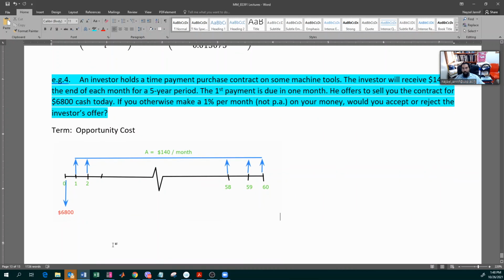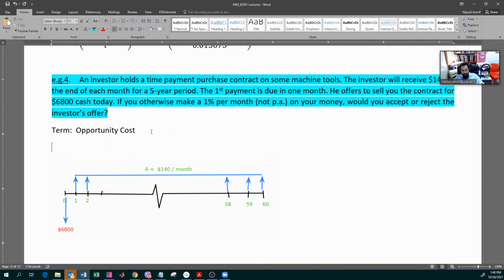All right. Now, in fact, I was supposed to do that early on. Our knowns are our investment, which is our P is equal to 6,800.